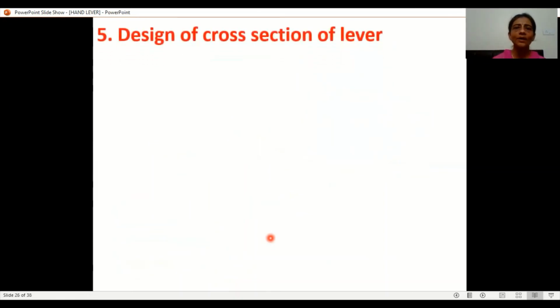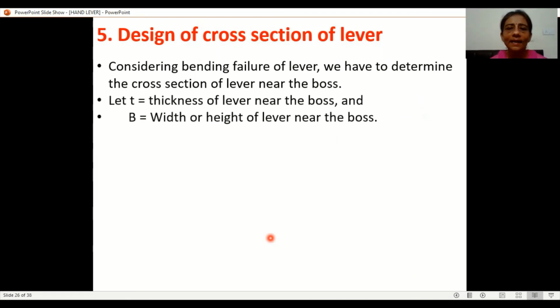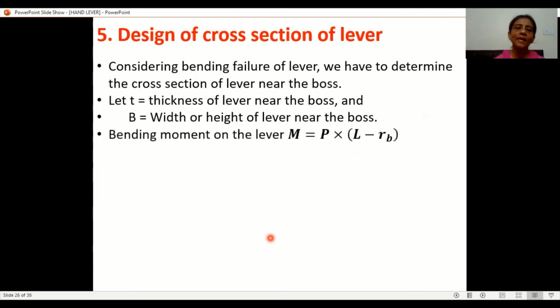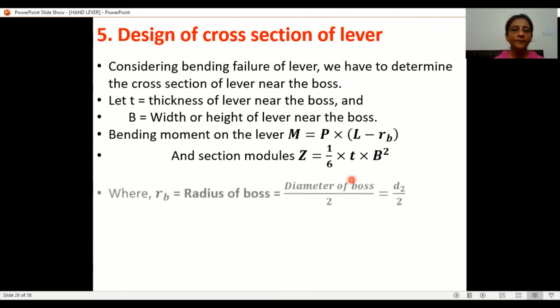So for the design of the cross section of the lever, considering bending failure of the lever near the boss, let T be the thickness of the lever and B the width of the lever near the boss. The bending moment equation, as I explained before, is M equal to P into L minus radius of boss, and the section modulus Z about the YY axis is TB square by 6.